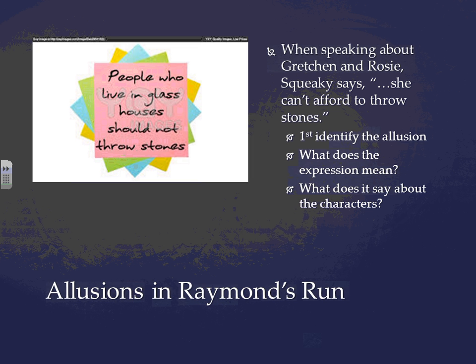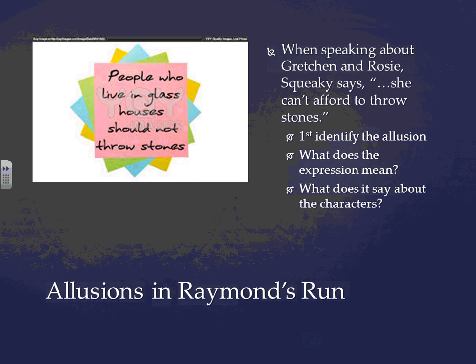But let's take it an even higher step. What does it say about the characters? What does it say about Gretchen and Rosie? They're judgmental. They make comments. They pick on Raymond. They're snotty. However you want to characterize them. What does it say about Squeaky? She's pretty smart. I mean, she's referencing a common proverb of sorts.